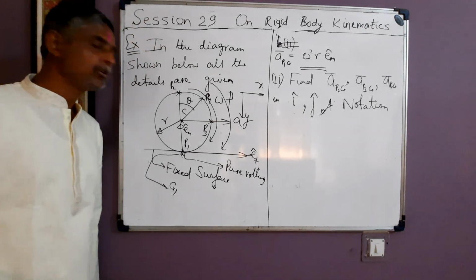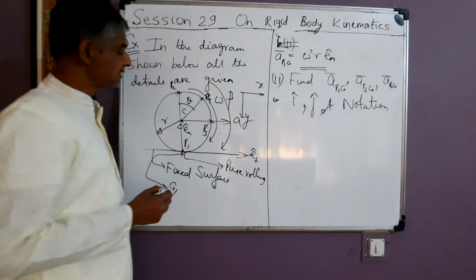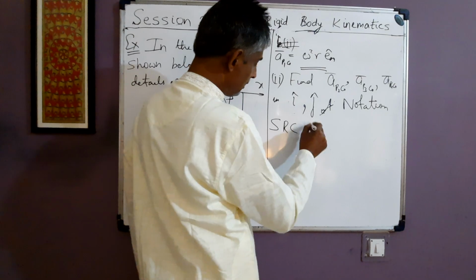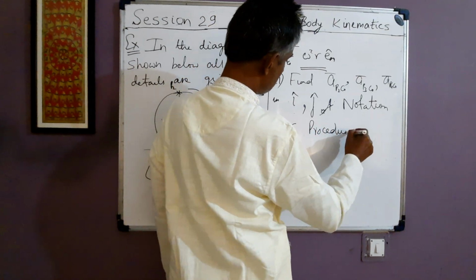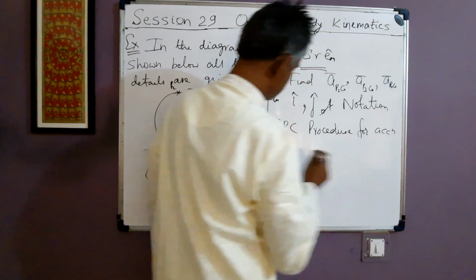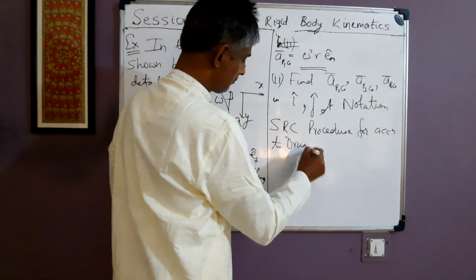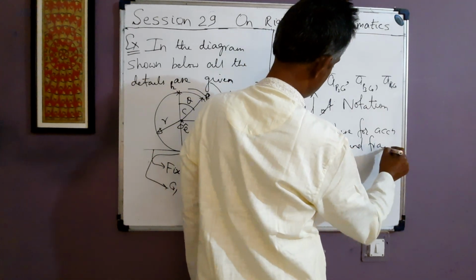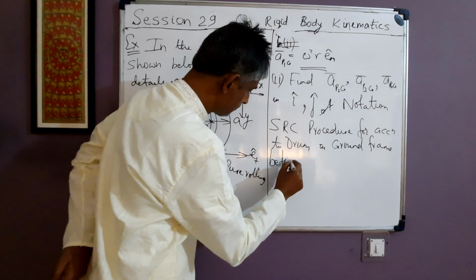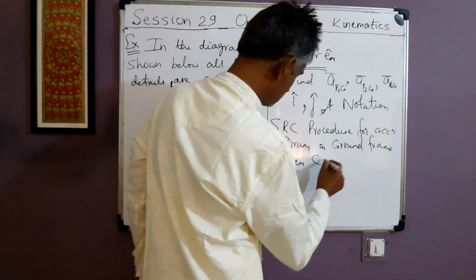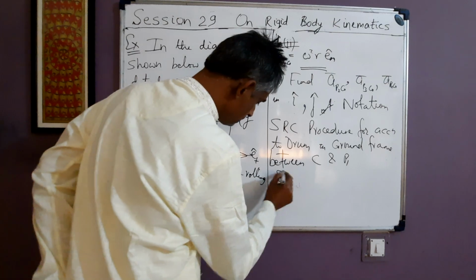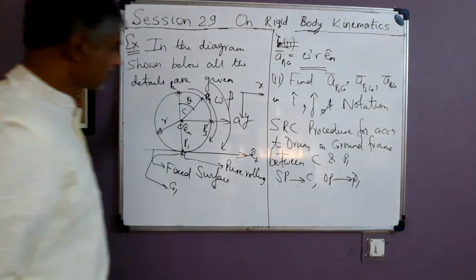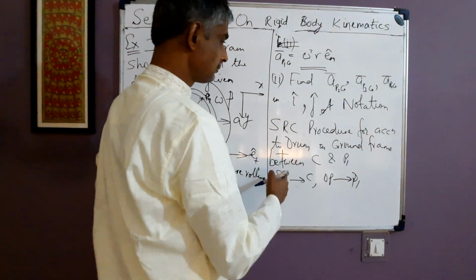So we apply the SRC procedure for acceleration to the drum in the ground frame between C and P2.